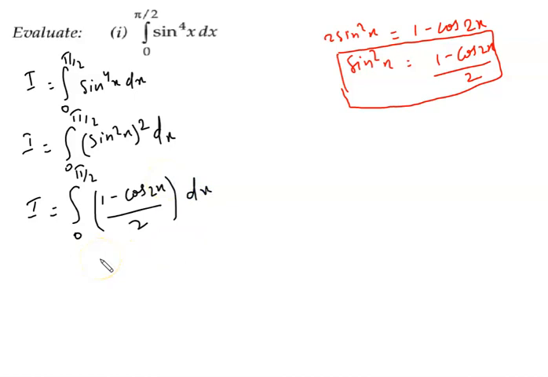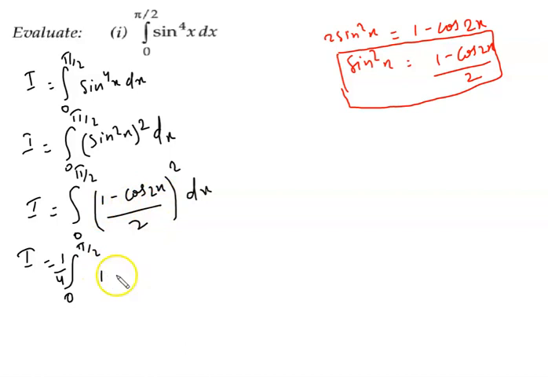Now we can write 1 by 2 whole square, taking the common 1 by 4, and apply a minus b whole square.